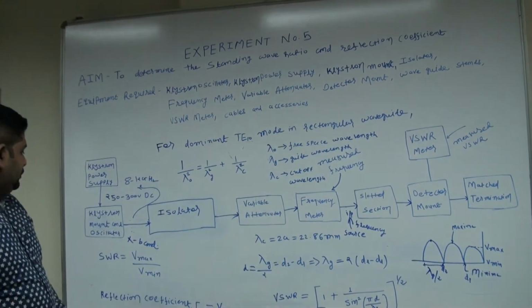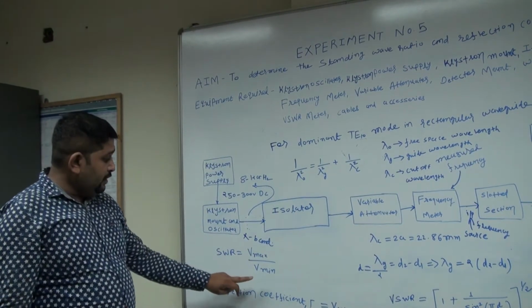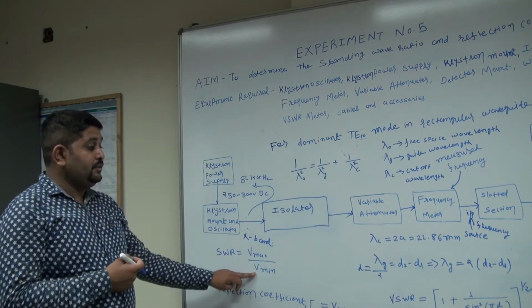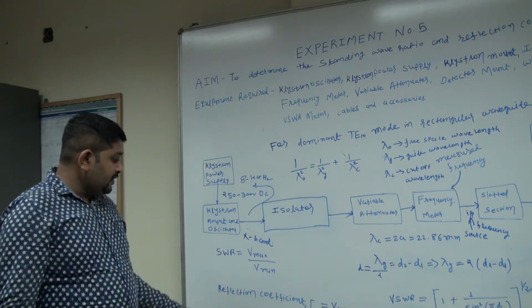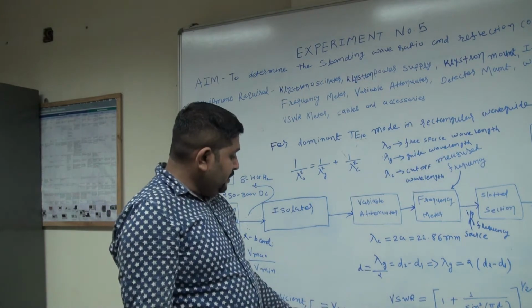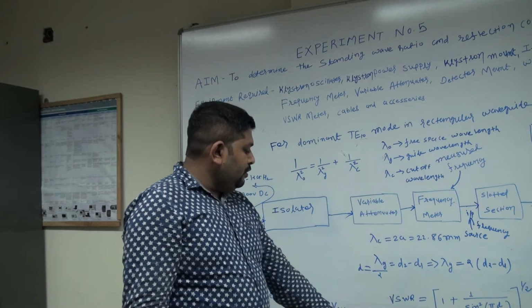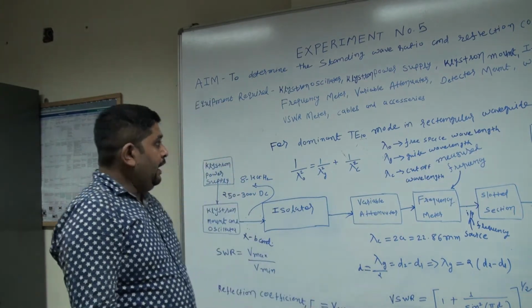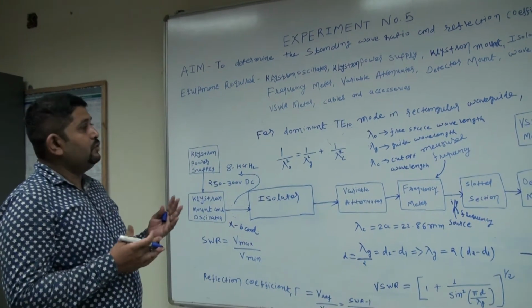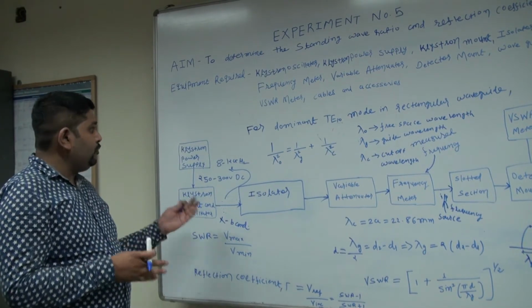So standing wave ratio is equal to the maximum voltage divided by minimum voltage. This is the standard theoretical definition. And reflection coefficient is equal to the reflected voltage divided by incident voltage, and is equal to (SWR minus 1) upon (SWR plus 1). Here we have used the rectangular waveguide transmission line for the microwave test bench.